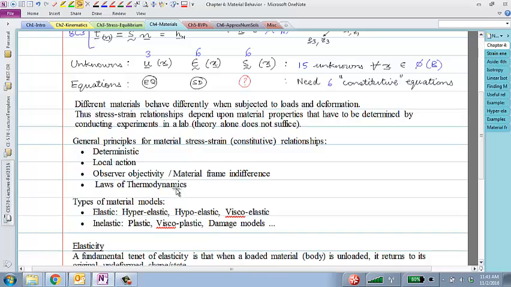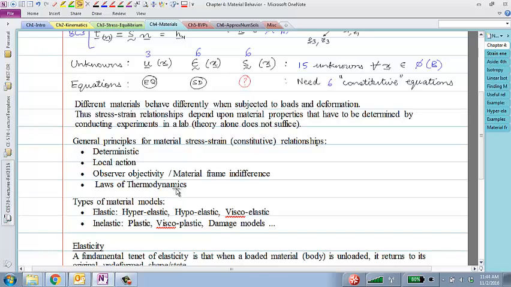So any material model that you have, if you have a closed system, no way of heat to escape or anything like that, then whatever energy is stored in that closed system can transform from, let's say, potential to kinetic energy or something like that, but you cannot destroy or create energy. Fine enough. That's the first law of thermodynamics.